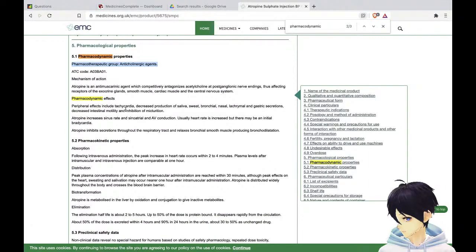Peripheral effects include tachycardia, decreased production of saliva, sweat, bronchial, nasal, lacrimal, and gastric secretions, decreased intestinal motility, and inhibition of micturition. Atropine increases sinus rate and sinoatrial AV conduction.